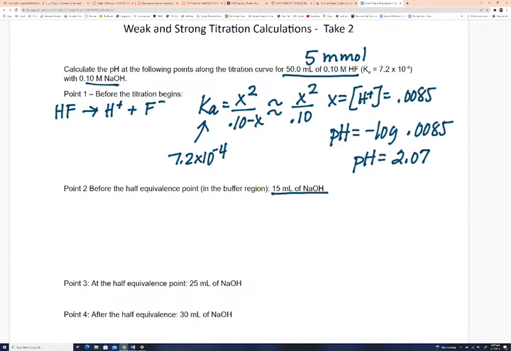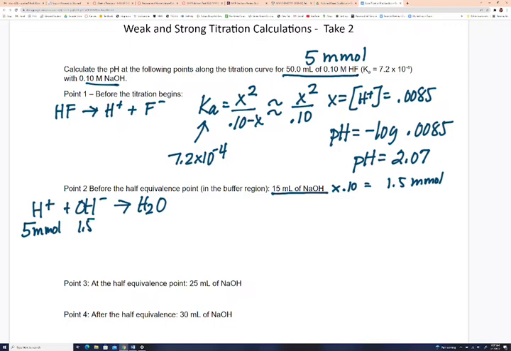And so when we do that, 15 times the 0.1 is going to be 1.5 millimoles. And so again, we'll go back to that H plus OH minus problem that we're making here. And I'm going to see if this maybe makes a little bit more sense the way that we did yesterday. So we know we have 5 millimoles here, and we have 1.5 here. So they're going to react, and we're going to run out of hydroxide, right?